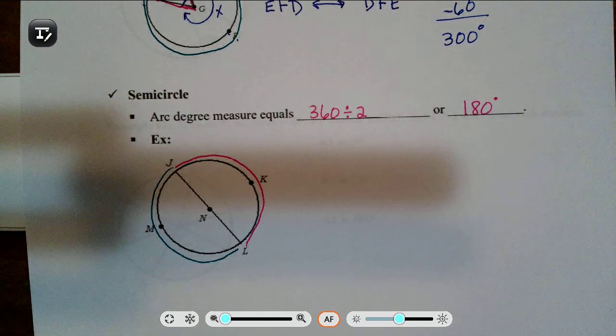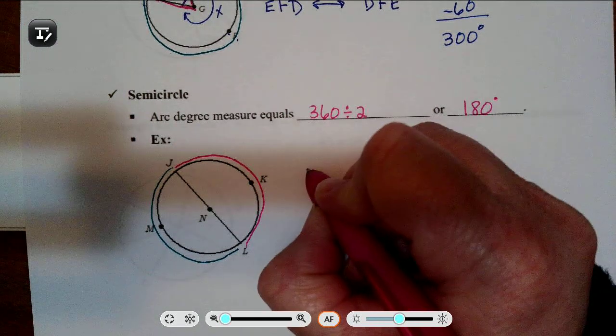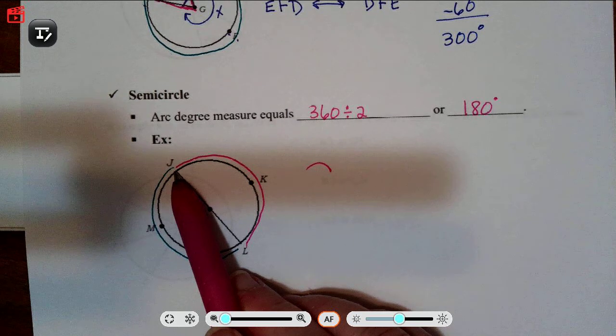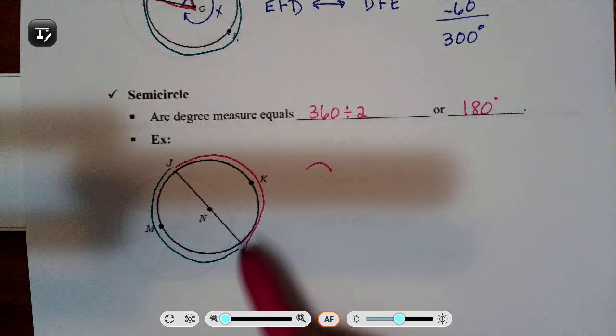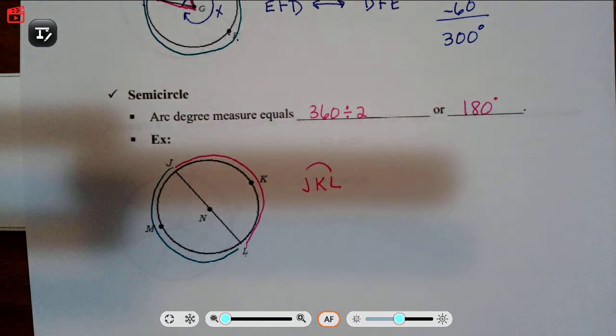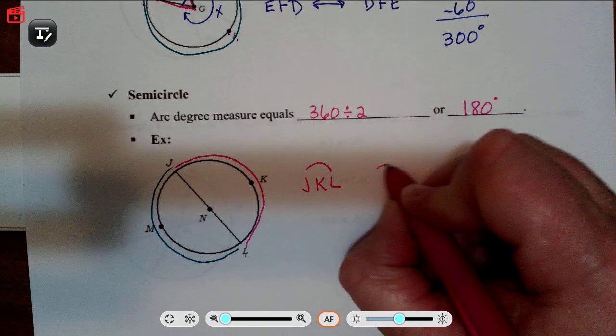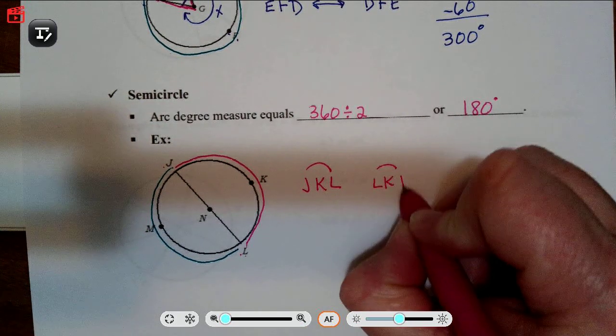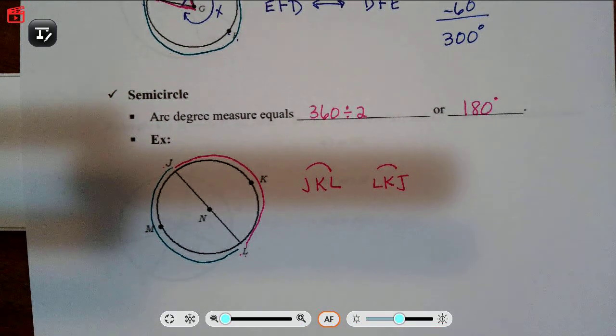If I am describing the pink semicircle, then again, I'm going to use a point where I start, a point that I go through, and a point where I end. So this would be J, K, L. Again, I could also call this L, K, J. They're one and the same.